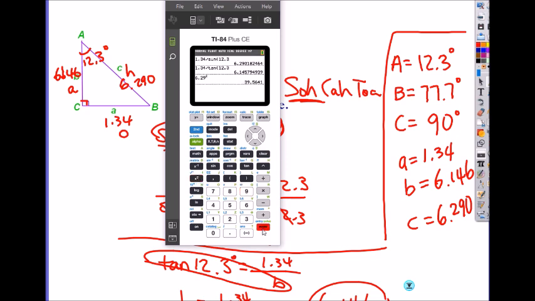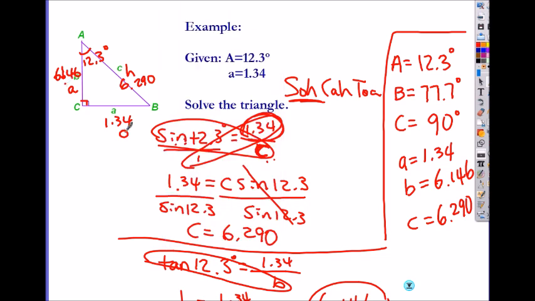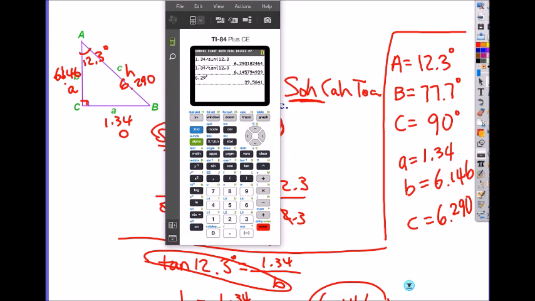That must equal these two squares added, right? a squared plus b squared equals c squared. So it is 6.146 squared plus 1.34 squared. You see, they are close enough. Most likely the third decimal will be different because we rounded it. Okay.